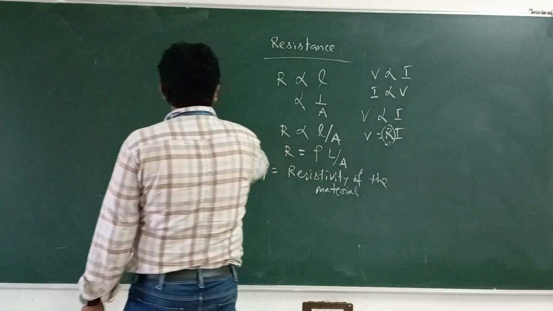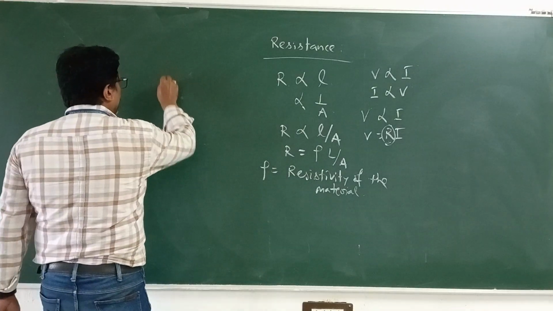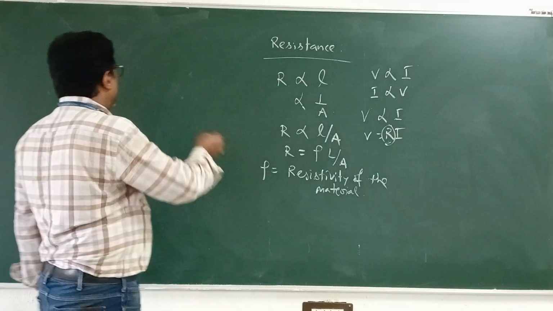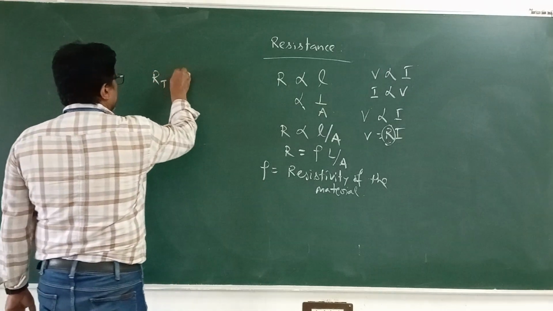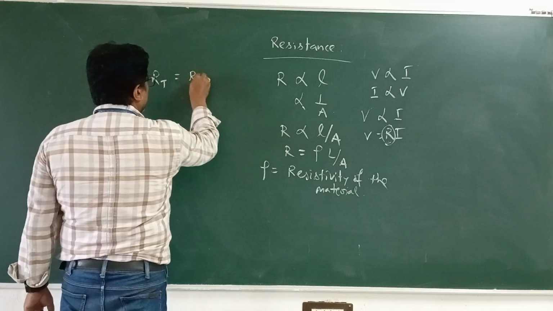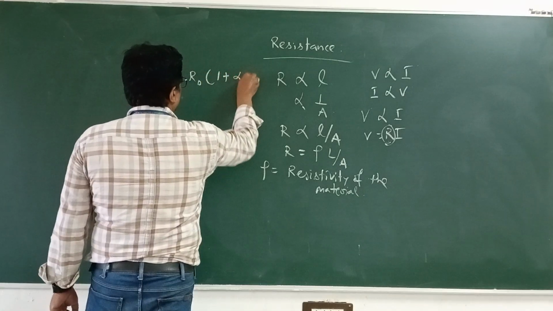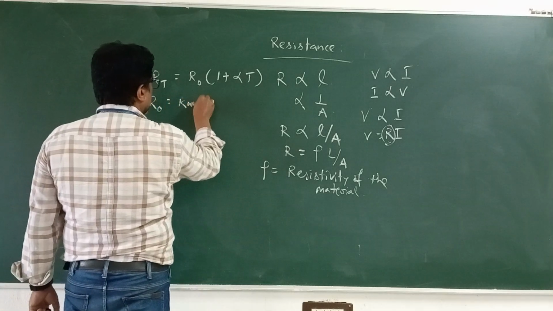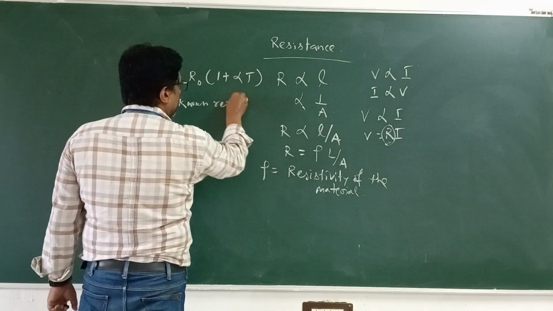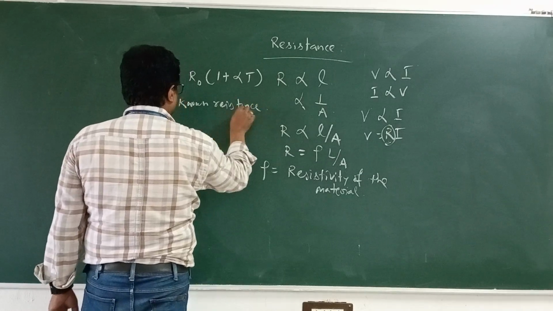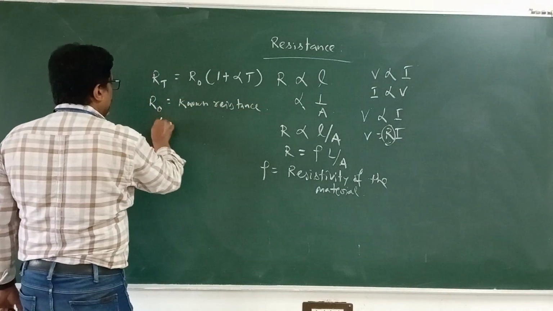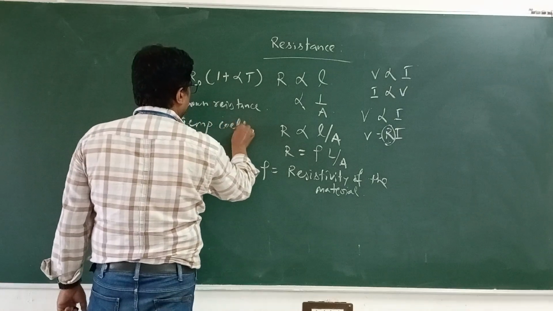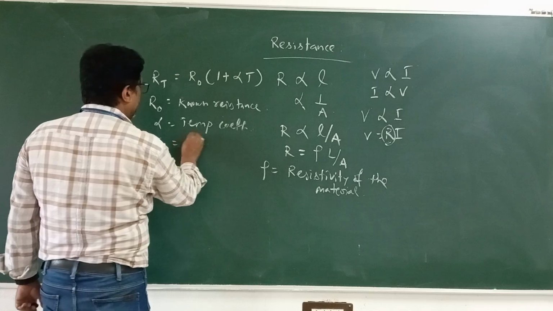Again, resistance depends upon the temperature also. If the temperature increases, the resistance also varies, and it varies with temperature as R_T equal to R0 into (1 plus alpha T), where R0 is the known resistance at a certain temperature, alpha is the temperature coefficient of the material, and T is the temperature difference.